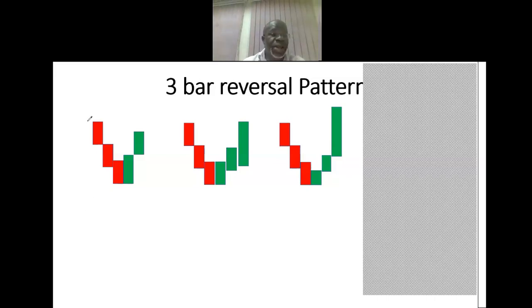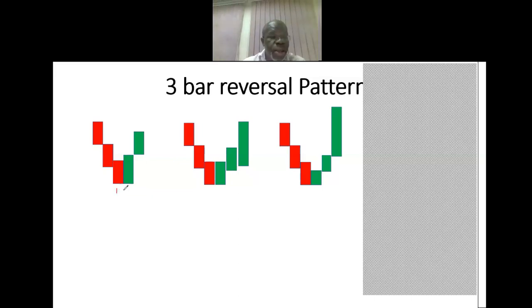It was coming down and then it's going up. We're going to introduce some new terminology here. At the point where the market looks like it's turning, we count three candles.